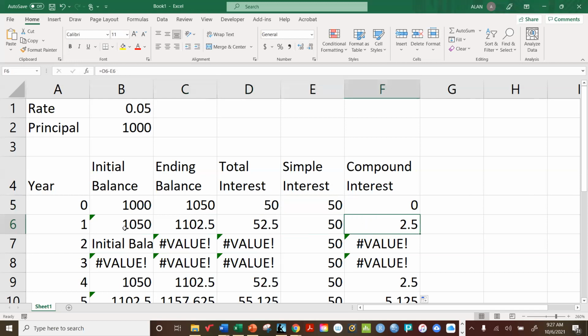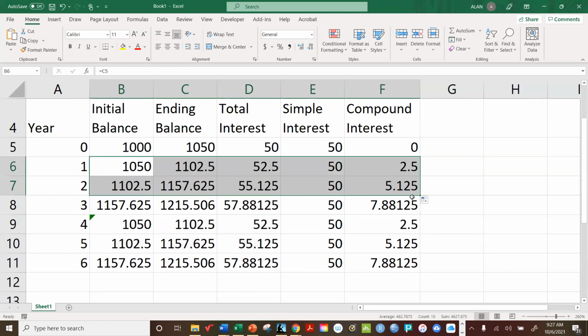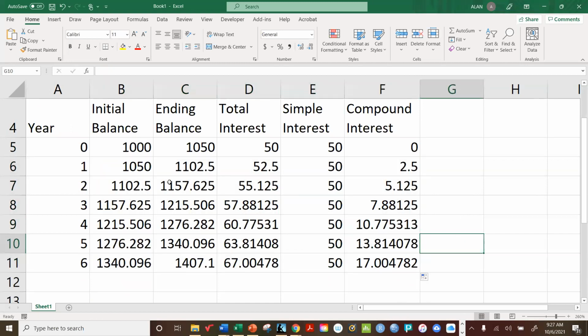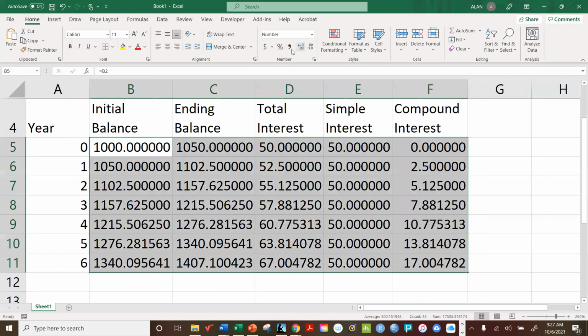Hmm. Oh, yeah, I don't know what the problem was. Anyway, so, all right, so let's make this a little neater.